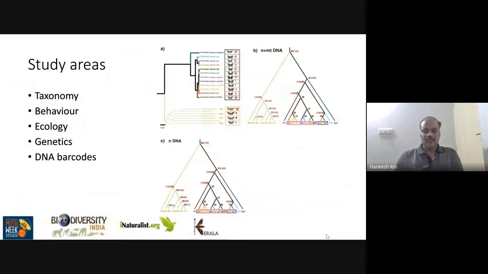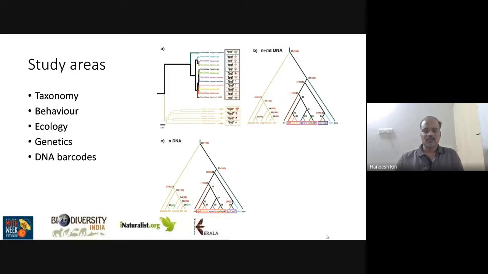Okay, so as I mentioned, present day studies are not limited only to taxonomy. A lot of studies are being done on the behavior of the Lepidoptera, the ecology, the genetics. A lot of studies on DNA barcodes and DNA sequencing are used to identify the species and decide where to place a particular specimen.